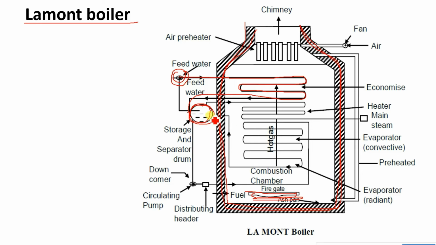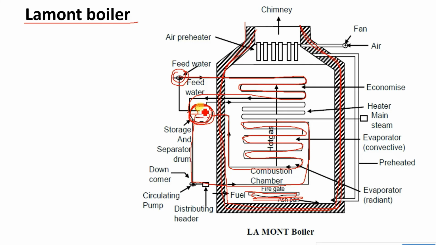Then from the drum, water enters the evaporator. In the evaporator, some part of the water gets evaporated and the remaining comes back to the separating drum. Why is it called a separating drum? Because it separates the water and the steam.